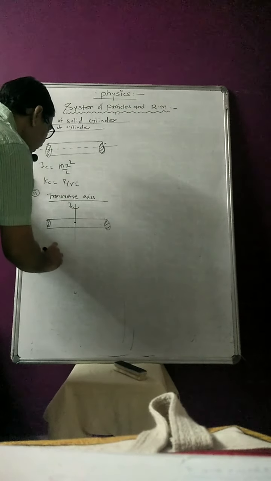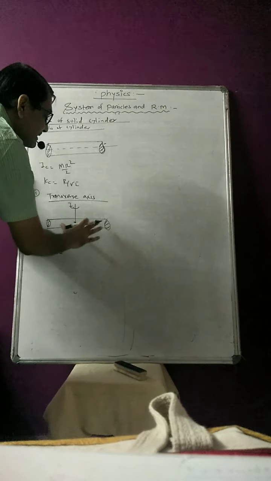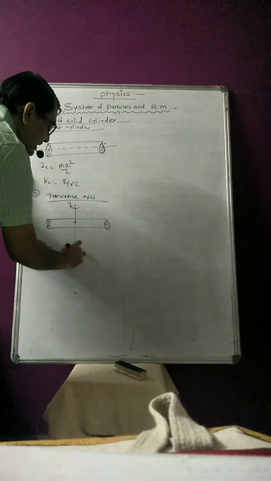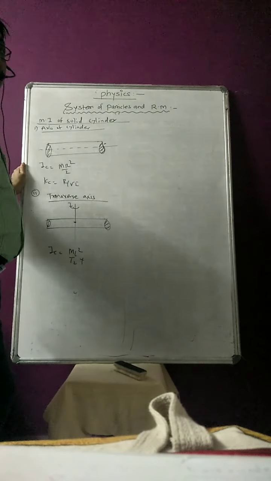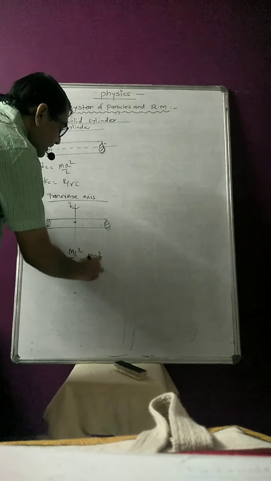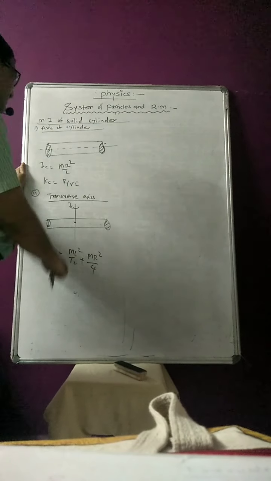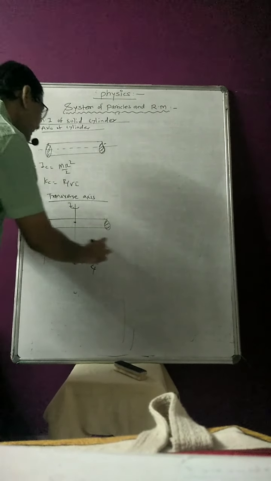Therefore, considering the rod, the moment of inertia is ML square by 12, plus about the disc passing through any diameter, MR square by 4. So ML square by 12 plus MR square by 4 is the moment of inertia.